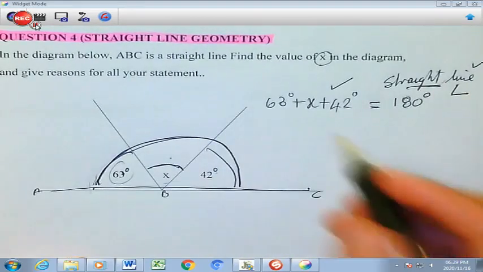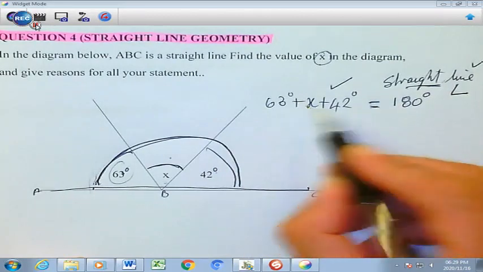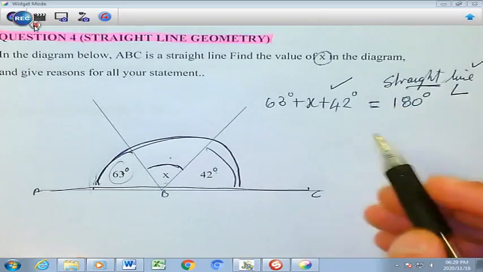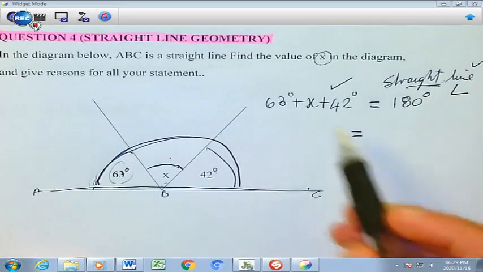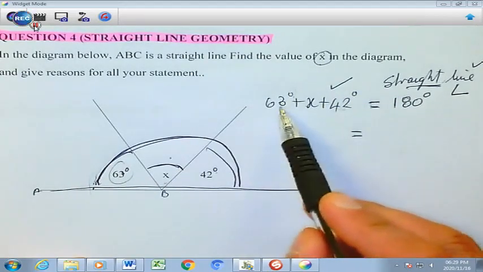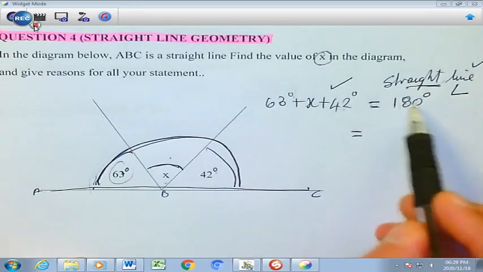Right. Now I'm going to simplify, because this now becomes an equation. There's an equal sign. This side must be worked out according to that side over there. It's an equation. So I'm going to write my equal sign down first. And I'm going to take all these constants here, right? That value and that value, and I'm going to put it on this side where it's part of my constants.